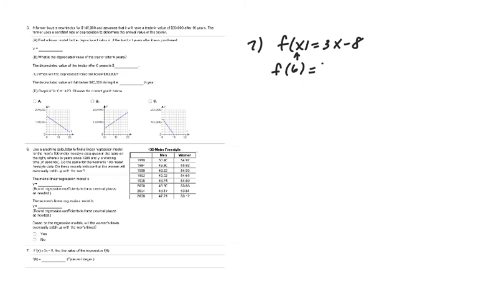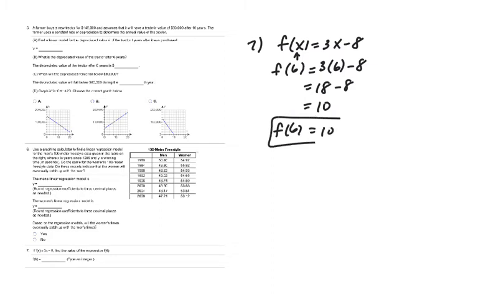And so we'll do that by replacing all x values with 6, since we know that x is represented by 6. Okay. And so we have 3 times 6, which is 18, minus 8 equals 10. And so the value for f of 6 is equal to 10.